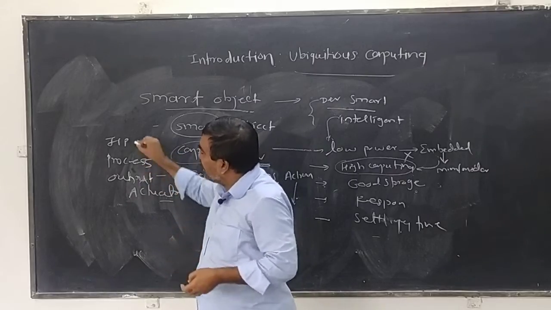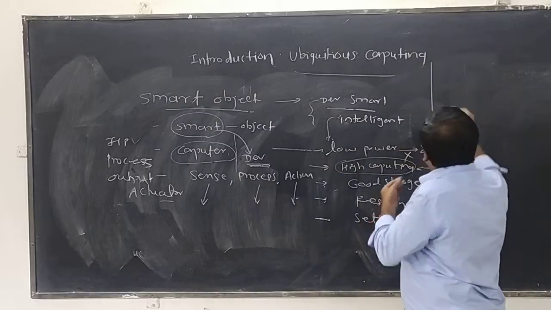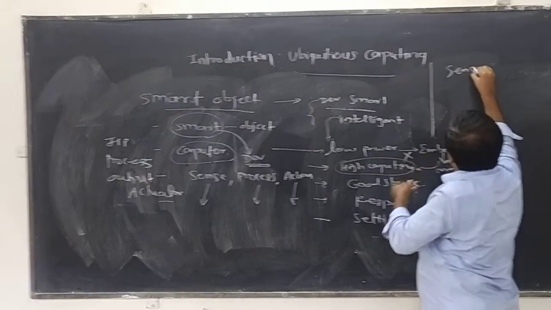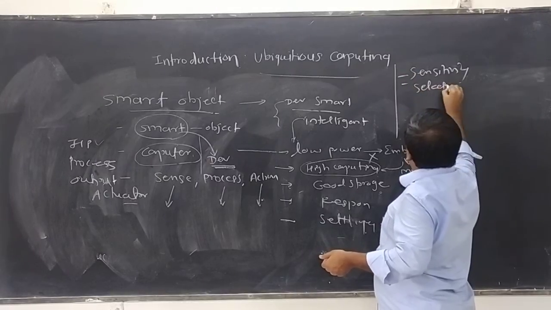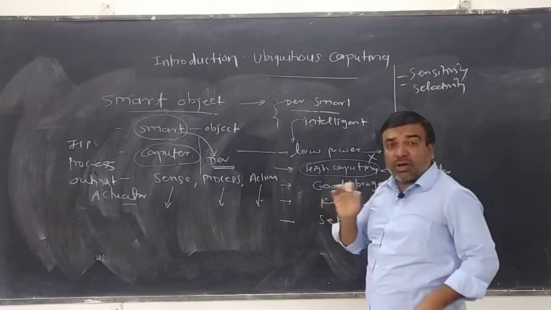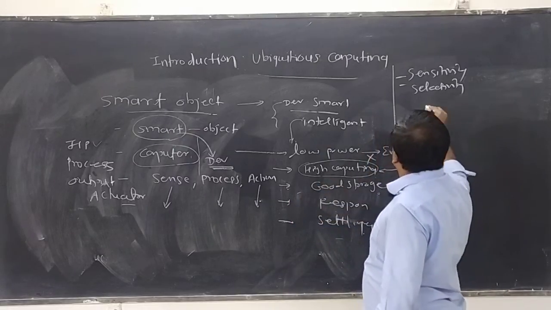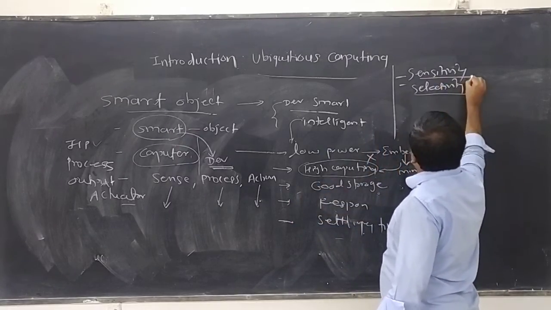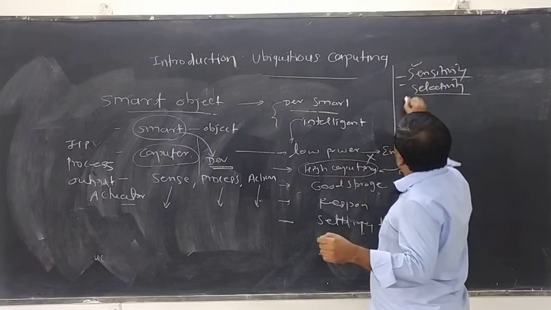Your sensor must have sensitivity and selectivity. Your sensor should not record noise, errors, or any unwanted thing. With sensitivity, even a very weak signal is understood by your sensor.